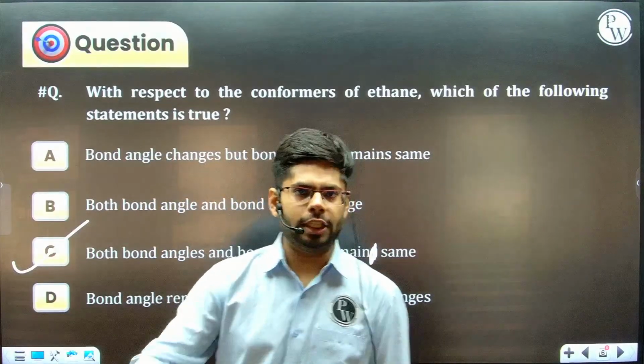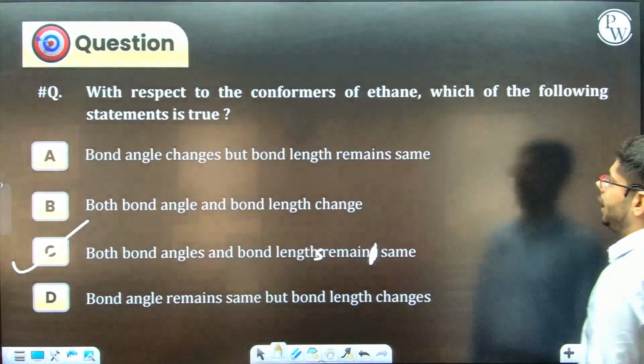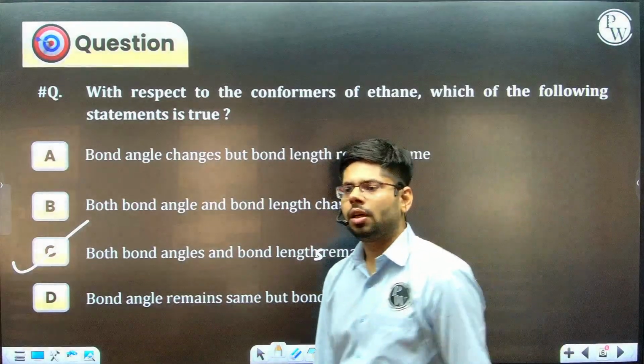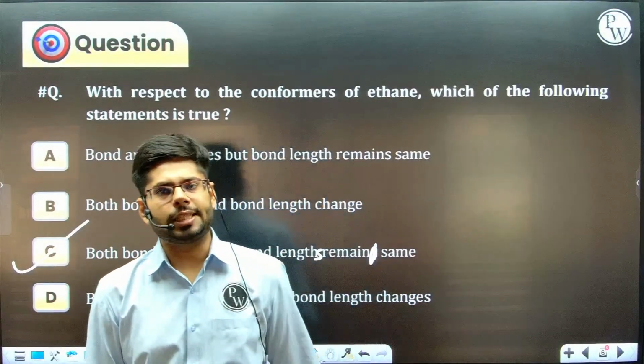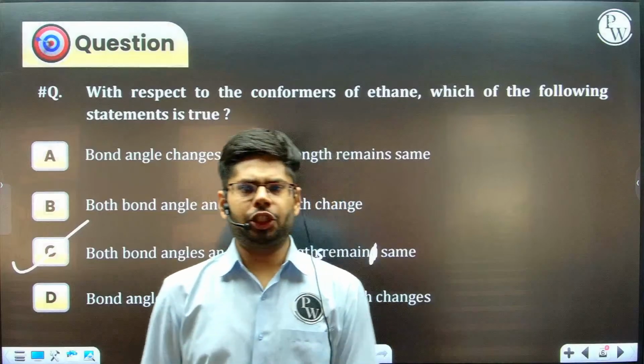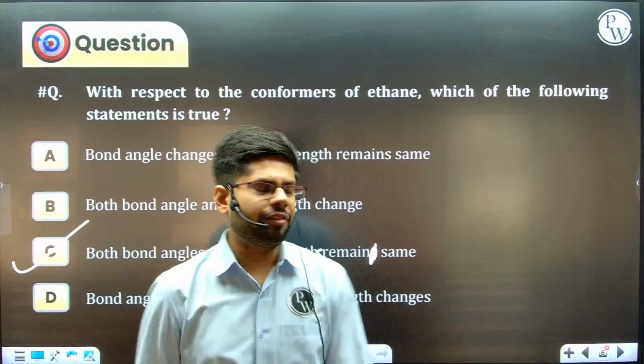This is correct. They will not change if the conformer changes, right? So remember this. Whether it is ethane or any other species, conformational isomers are different isomers with respect to the orientation in space, but the bond angles and bond lengths will never be different.